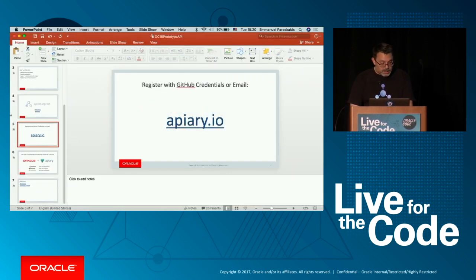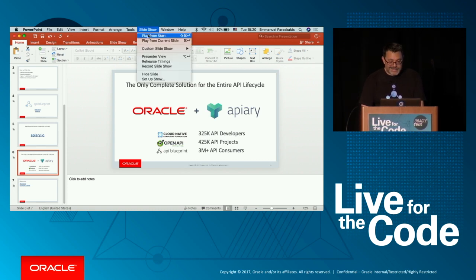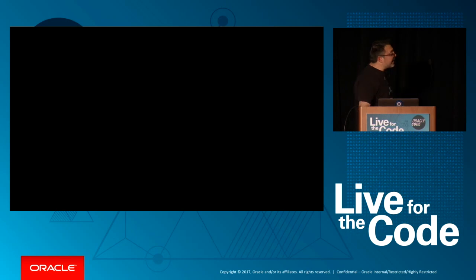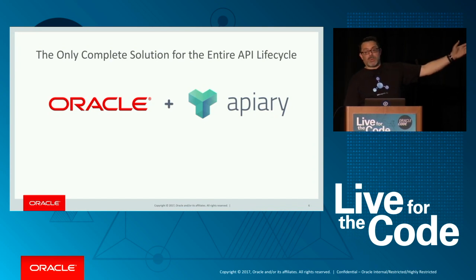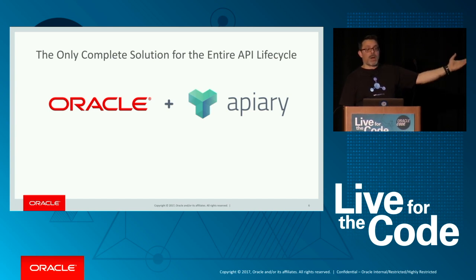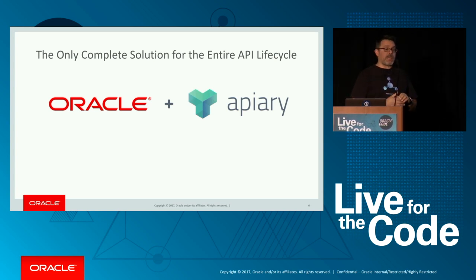I'm going to attempt to show you that last slide here, maybe, and describe how all this fits together. So Apiary, which is the tooling that you just saw, came in through an acquisition into Oracle about a year ago. Oracle has already been developing its own API management suite, so tools for your runtime, gateways and monitoring and so on.